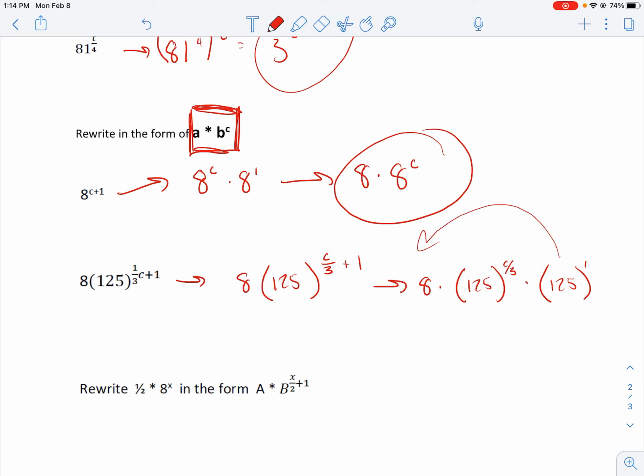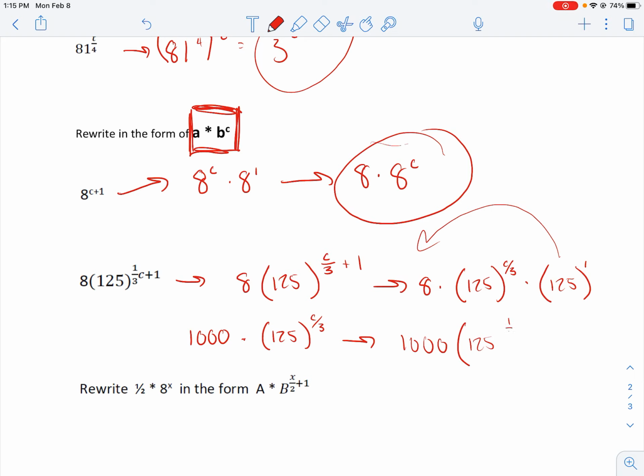Okay, so I bring this to the front. So 8 times 125 is going to give me 1,000 times 125 raised to the c over 3. Now, which part don't we like? Well, we want to be left with that c value, right? We want just the c to be left alone. So, just like we've been doing, I'm going to take that, because really, what is this thing right here?